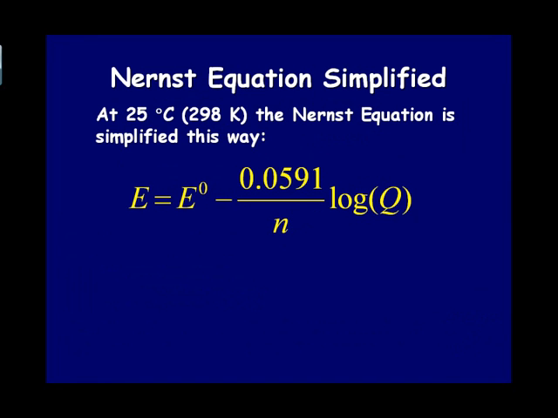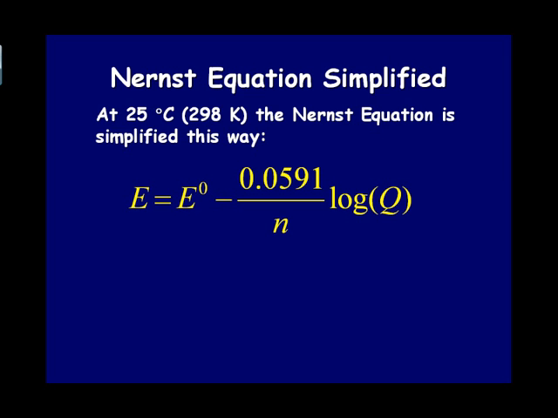At 25 degrees Celsius, which is standard temperature, we've taken the RT and Faraday's constant and combined all of them into one constant, 0.0591. So again, that's the R value, the temperature, 25 degrees Celsius or 298 Kelvin, and then Faraday's constant, and all of that is put into one value.